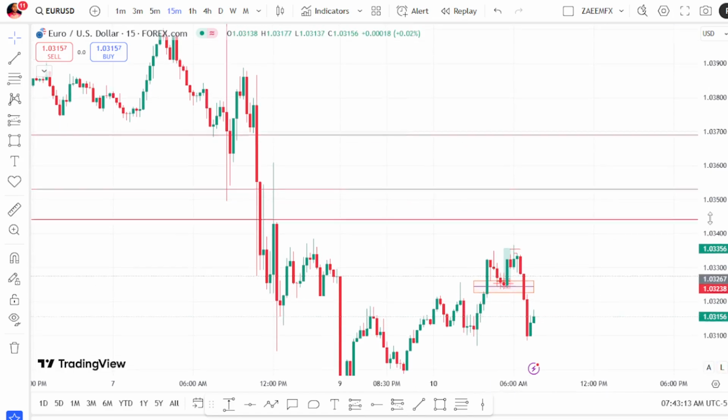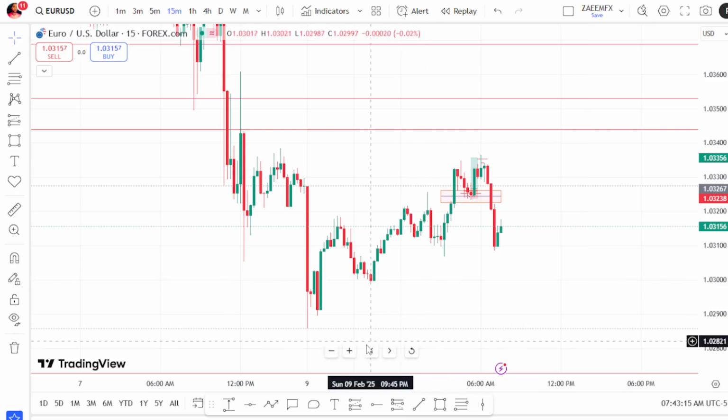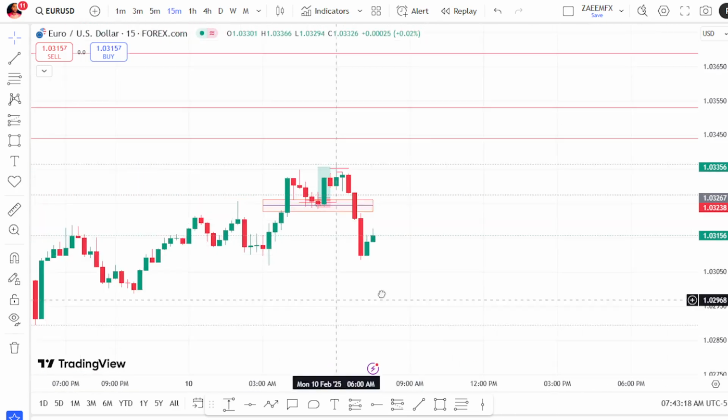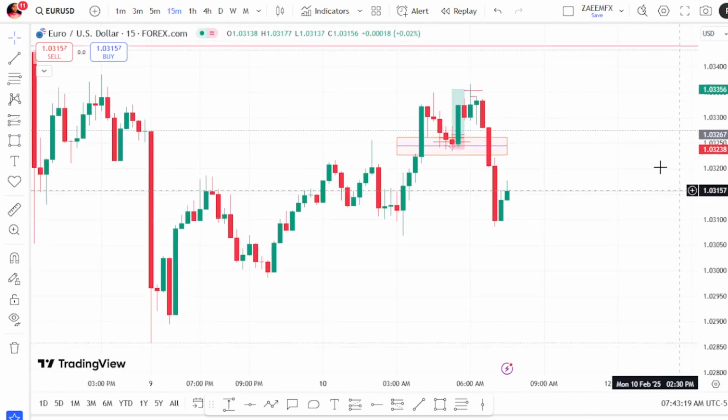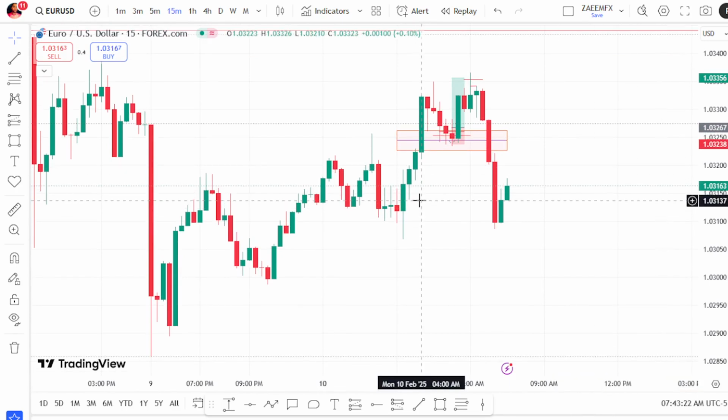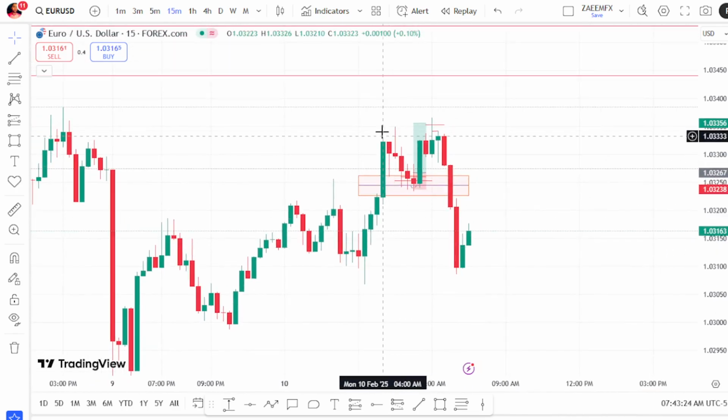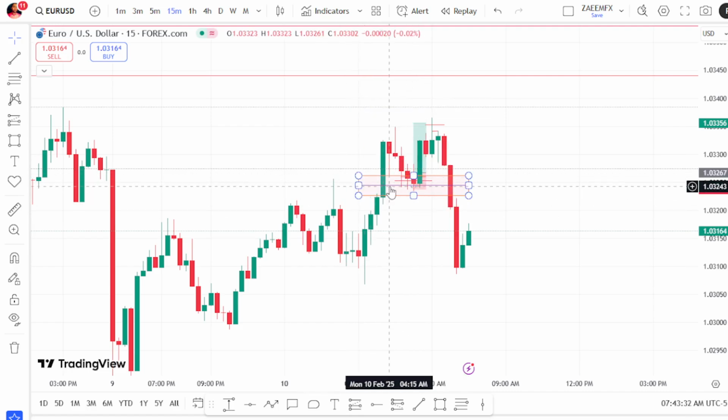On the 15-minute time frame, on my London session, I think I was here at 4 a.m. I saw this move to the upside. Now what happened? We have this fair value gap.